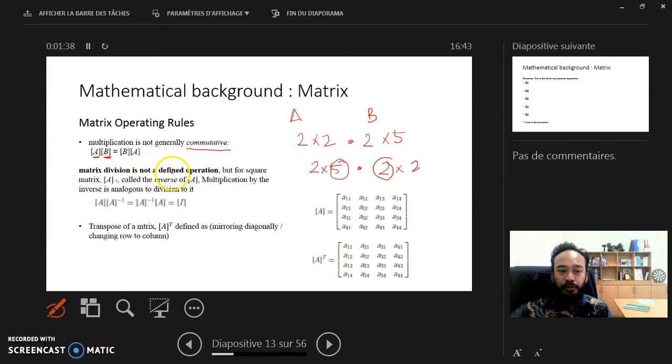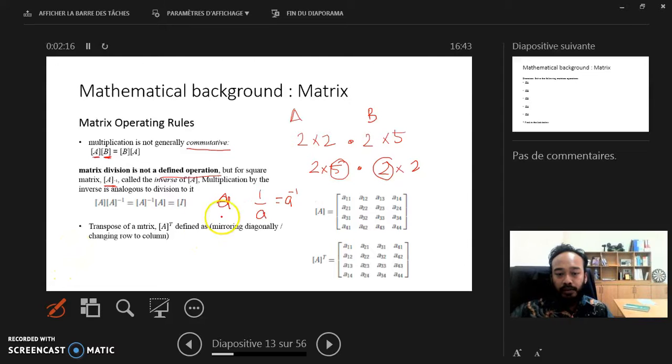Matrix division. Now, it's something related to the inverse matrix or identity matrix. Matrix division is not a defined operation. But for a square matrix, A to the power minus 1 is analogous to 1 over A. Imagine it's a number A. 1 over A can also be written as A to the power minus 1.